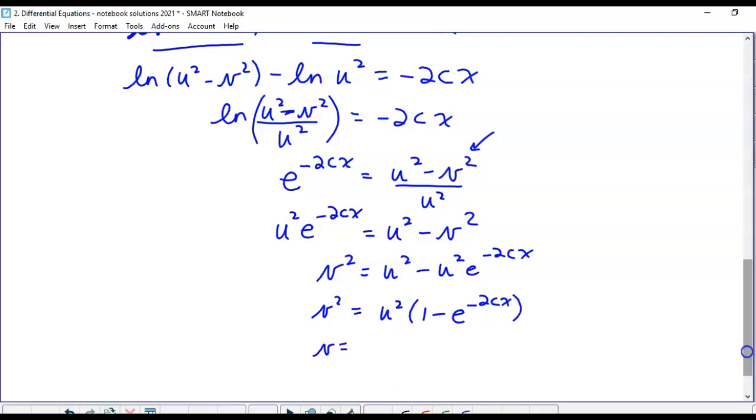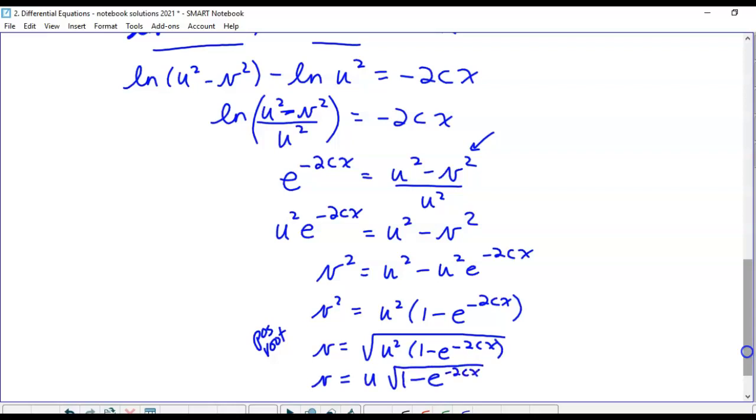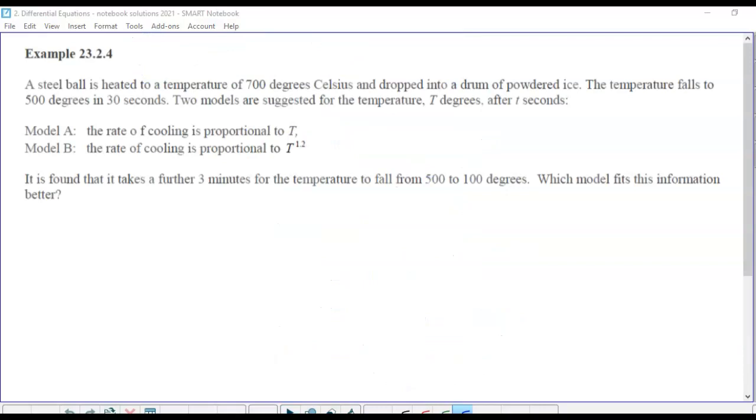And then v, that will equal, now, normally when we solve for a v, we would take the positive or negative root, but v is going to be a positive value. So we'll just take the positive root. So that's going to be equal to u, the root of 1 minus e to the negative 2cx. Okay, so that's v.